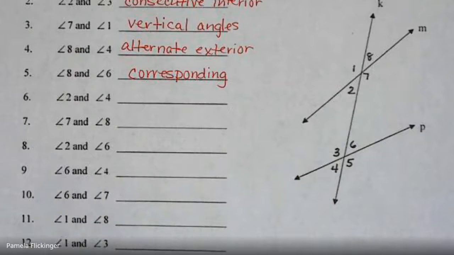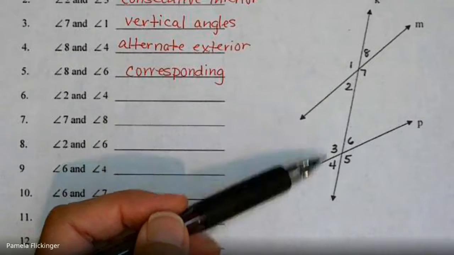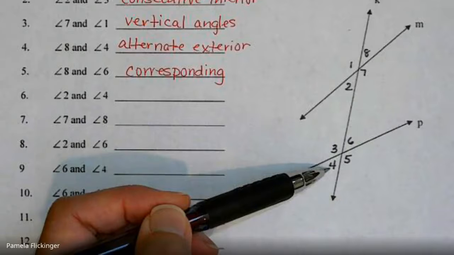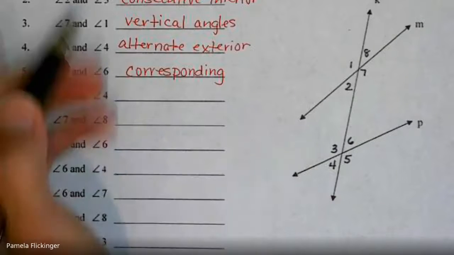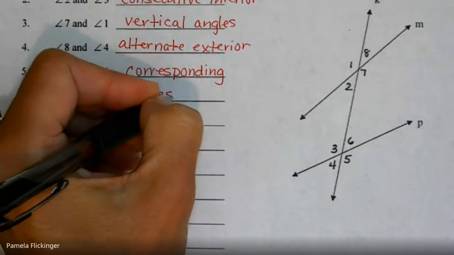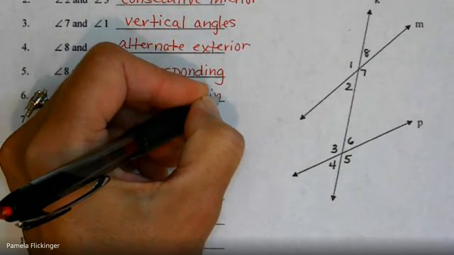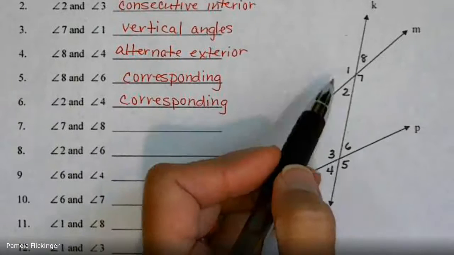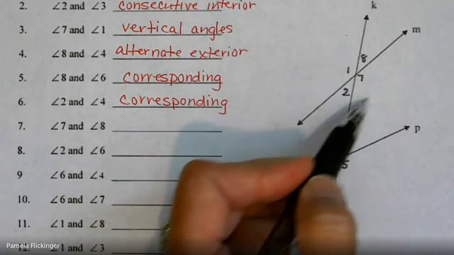Okay, 2 and 4. Again, different clusters. So think about our new relationships. They also are on the same side. They're on the left side and they're both below. So again, these are also corresponding. 7 and 8, notice they're in the same cluster.